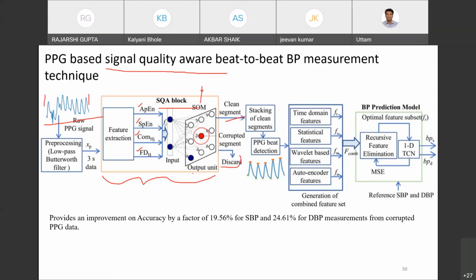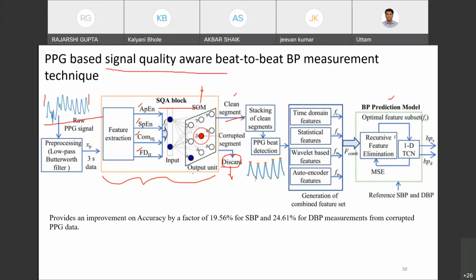If it is a corrupted segment, there is no use of using this data. You can simply throw it away. Then from the clean segments, using a time delay neural network, we predicted the blood pressure, and here we also used recursive feature elimination, which is a rapid feature minimization technique.